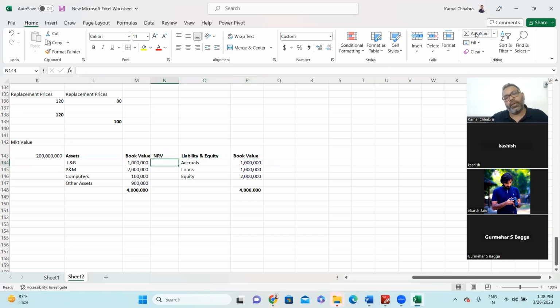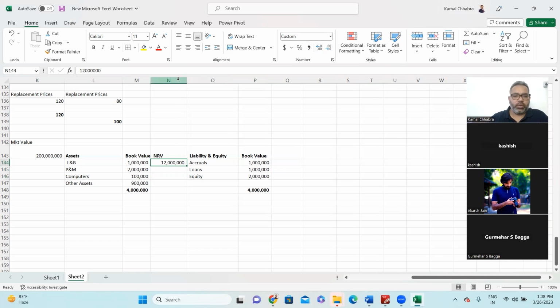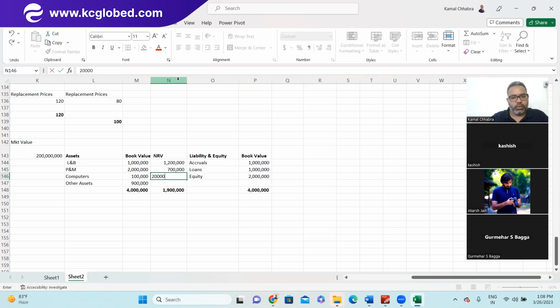And the net realizable value of land and building, let's say it is $1,200,000, whereas your plant and machinery have a value of, let's assume, $700,000, and your computers have just $20,000 value, and your other assets, assume, have, let's say, $480,000 value.